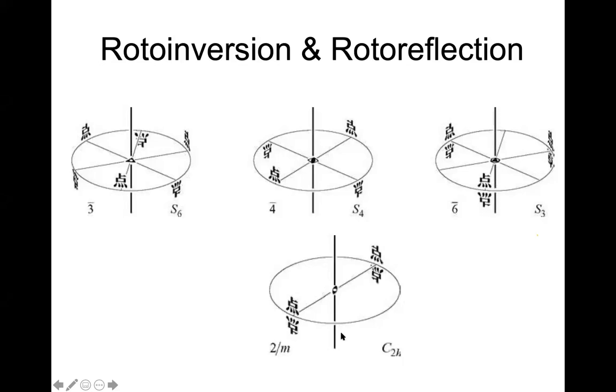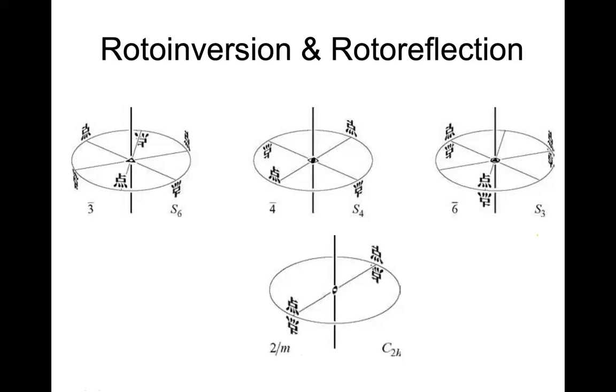So the 2 over m operation generates one inversion symmetry. But inversion symmetry is not obvious in this. But we need to understand the symmetry. Then we know that the molecule which possesses this symmetry will have a center of symmetry. So whenever you have a perpendicular mirror plane, that point group, that material has a center of symmetry. It's very clear.